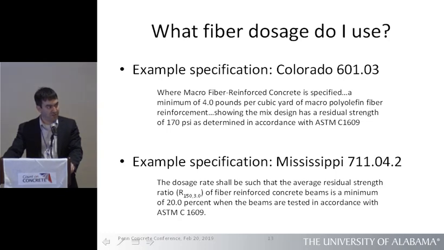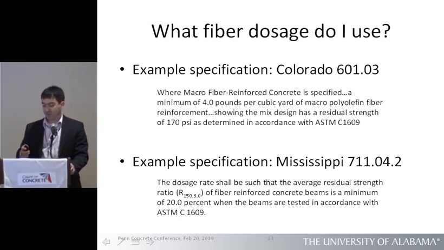Mississippi still uses the percent calculation from ASTM C1609, and they say your beam must have at least 20% residual load carrying capacity. So these are just two examples of about, I think it was 21 states that have specifications on the books regarding fiber reinforced concrete.